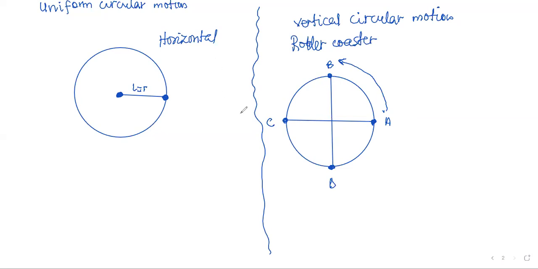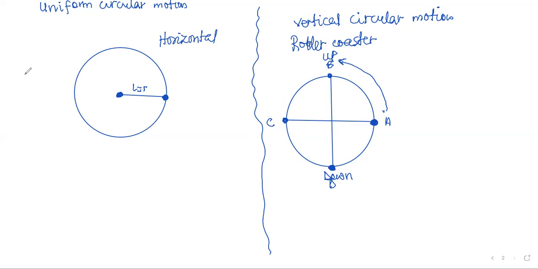Now, I'm giving a simple explanation, then we'll look at what happens at any other angle theta. If the object is below or down, this is down at D, and up, A and B, because the level is the same, whatever happens here is equal to what happens here.